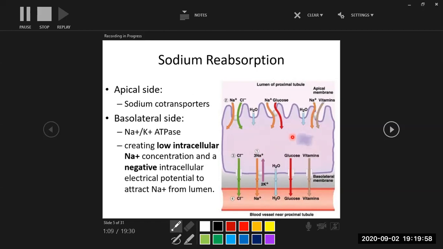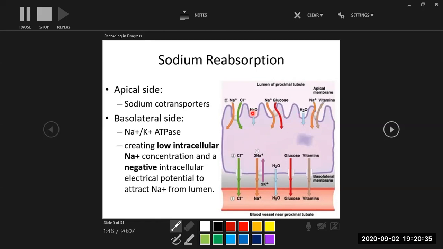Second, because the pump moves 3 out and 2 in, 3 positive out and 2 positive in, that leads to a negatively charged membrane potential. So that's two consequences. Now, we use that to reabsorb the sodium. On the basolateral side, we create that environment: low sodium and a negative charge environment in the cell.